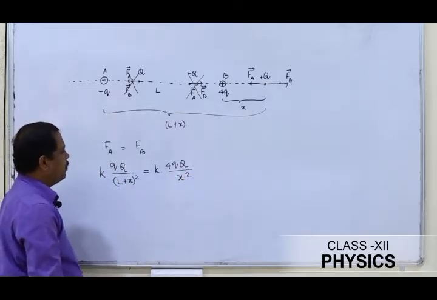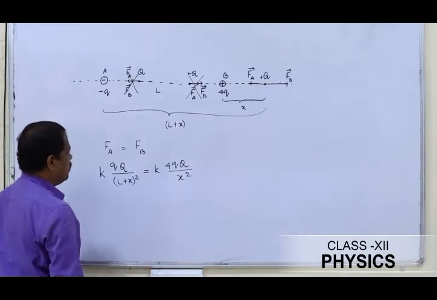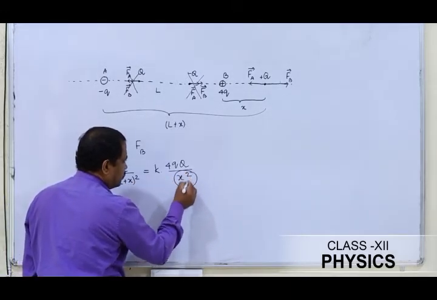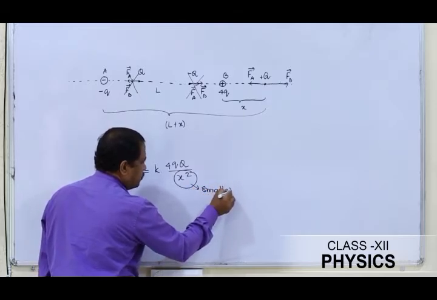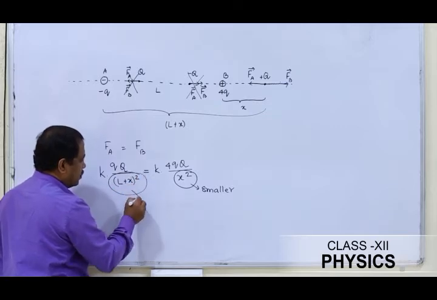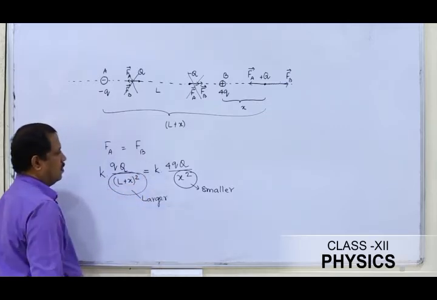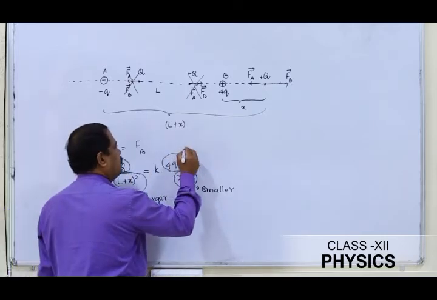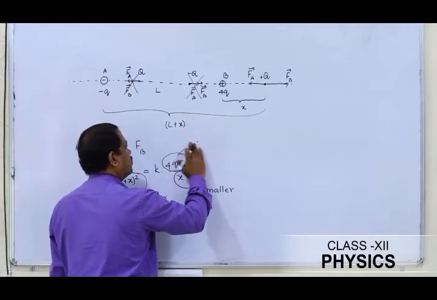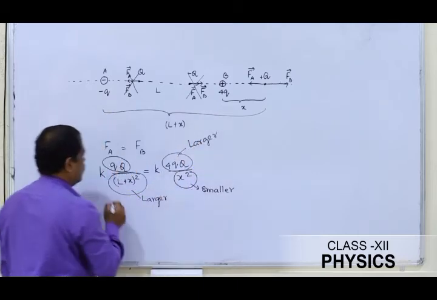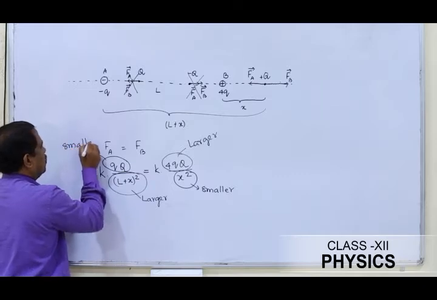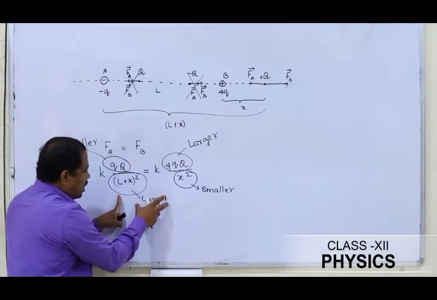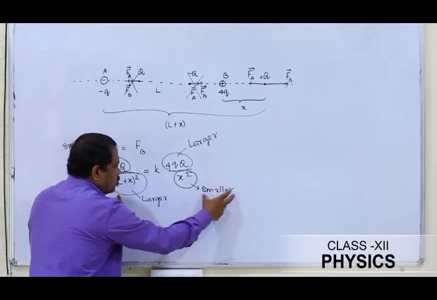Now if we inspect both sides, the denominator on the left is larger, and on the right the denominator is smaller.